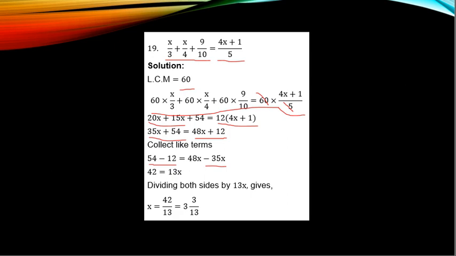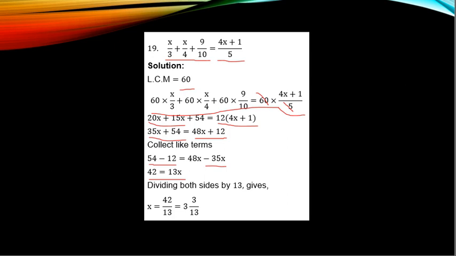The next is to subtract. If you subtract 54 and 12, you have 42. Subtract 48s and 35s, you have 13s. Divide both sides by 13 in order to get s.